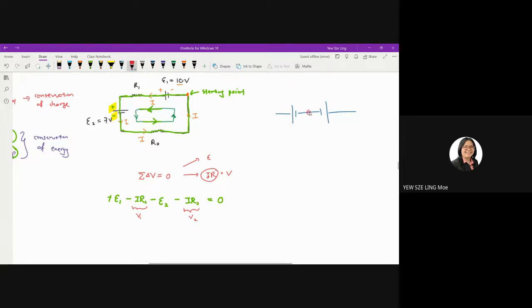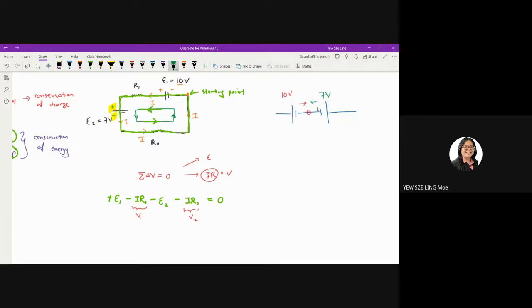The reason the electron can move is the energy supplied by the battery. Let's say this battery gives 10 volt. By right, the electron will move to the right-hand side with 10 volt of energy. But if this one is a 7 volt battery, then what is going to happen? It will push the same electron with 7 volt of energy.